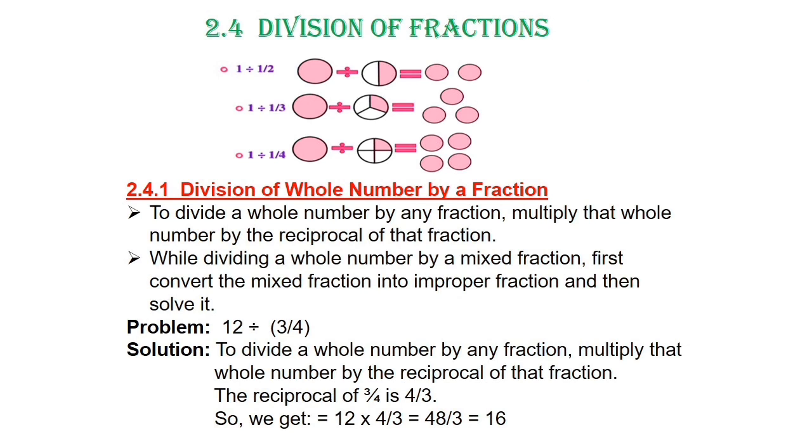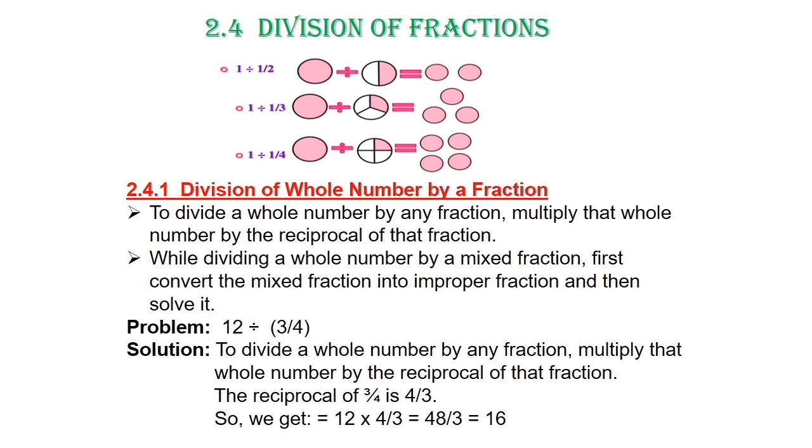Division of fractions. Division of a whole number by a fraction. To divide a whole number by any fraction, multiply that whole number by the reciprocal of that fraction. While dividing a whole number by a mixed fraction, first convert the mixed fraction into an improper fraction and then solve it. Example, 12 divided by 3 by 4.